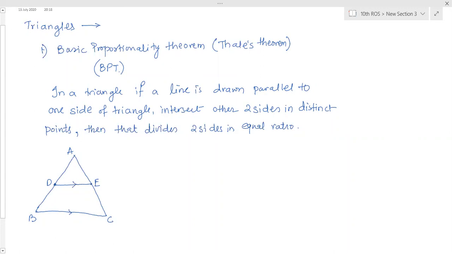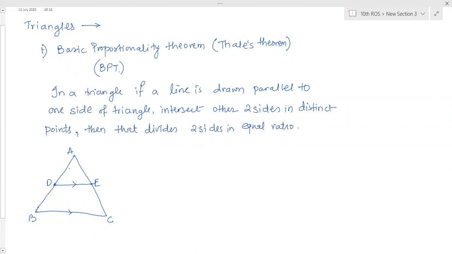That means D point divides AB in which ratio? D is dividing AB, the AD part, and the second part is DB. The ratio of these parts, AD by DB, is the ratio. And E divides AC in the ratio AE, one part, and EC, second part.